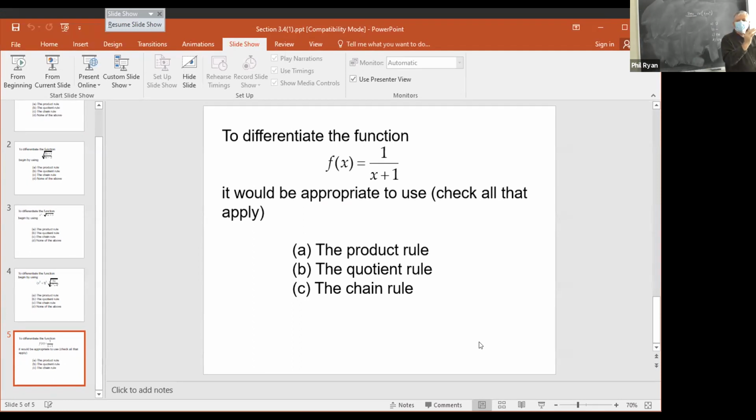So you can use the chain rule from that. Anyone else? Right, so actually this one you can use any of them. That's just showing you that there are lots of ways sometimes to do the same one.